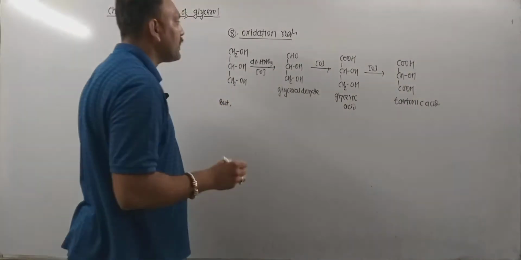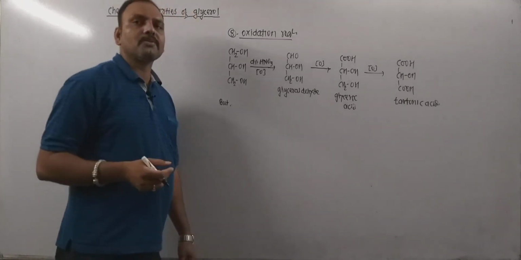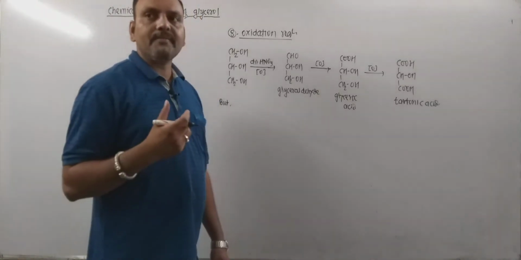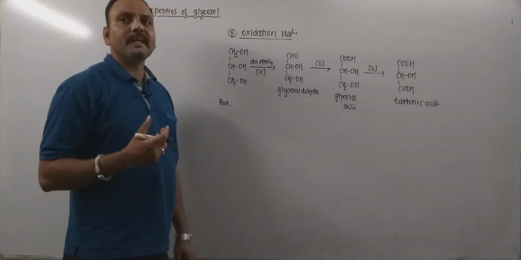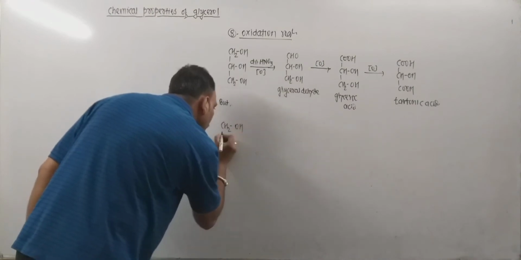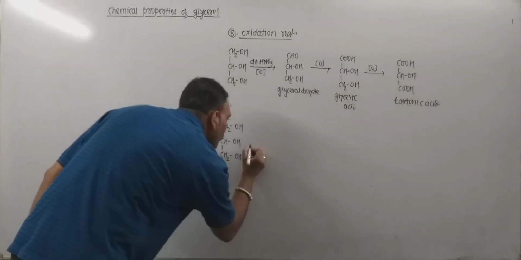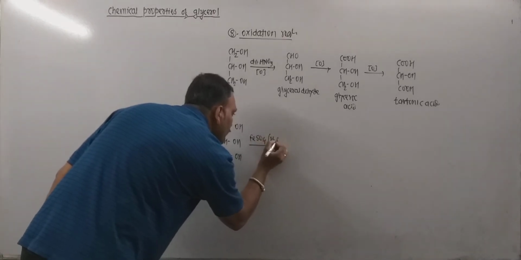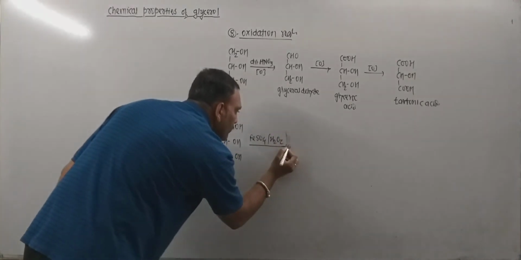But instead of dilute nitric acid, if Fenton's reagent is used for oxidation, remember Fenton's reagent is the mixture of FeSO4 and hydrogen peroxide, ferrous sulfate and H2O2. When glycerol is oxidized by Fenton's reagent, that is FeSO4 and H2O2, we get a mixture of two different products.